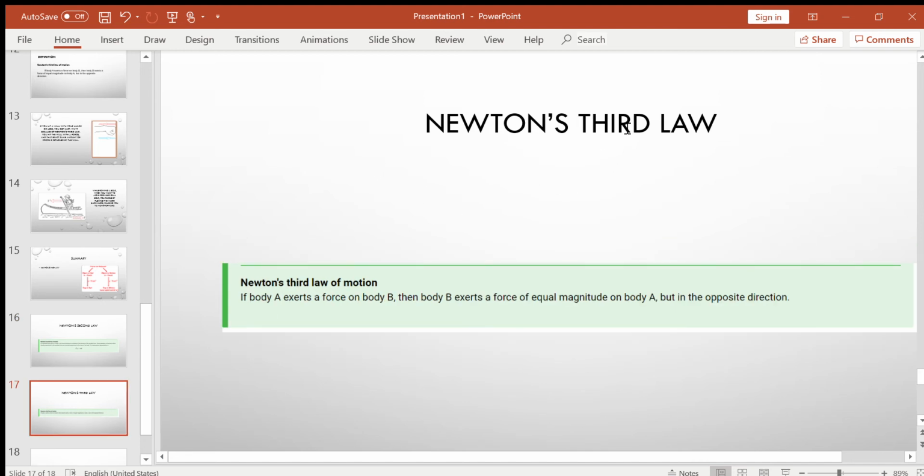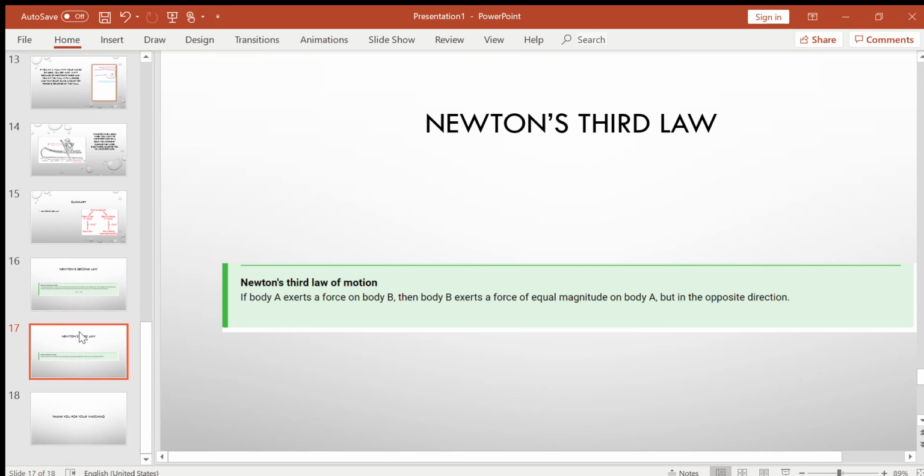For Newton's third law, I would like to emphasize that if body A exerts a force on body B, then body B also exerts a force of equal magnitude on body A, but in the opposite direction. So these are the three laws of Newton.